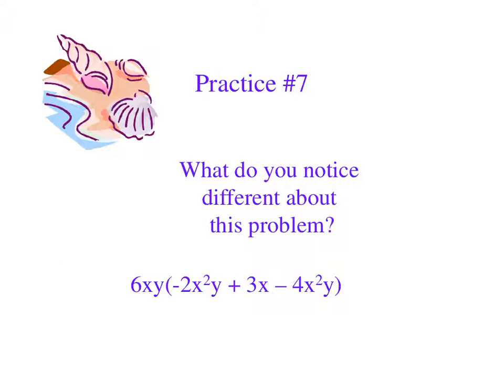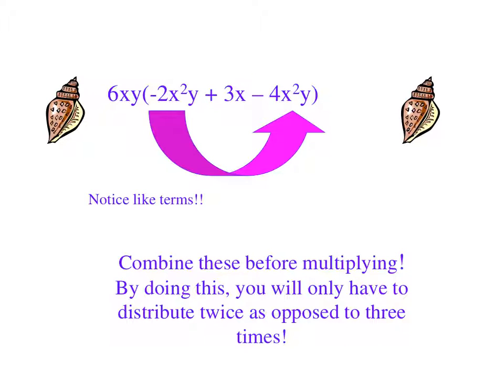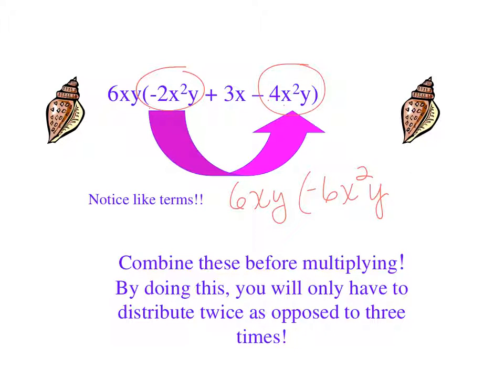Alright, do you notice anything different? It's the same type of problem, but I have 2 like terms here, and I have to combine them before I can distribute. So 6xy, and I have, let's see, an x squared and a y. And then I do my math with my numbers in front.